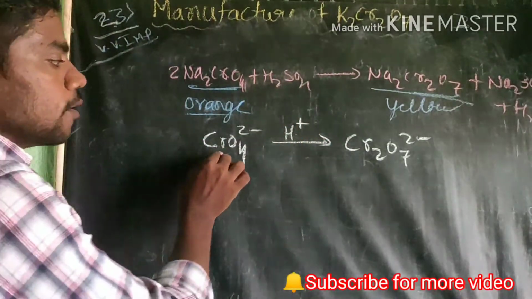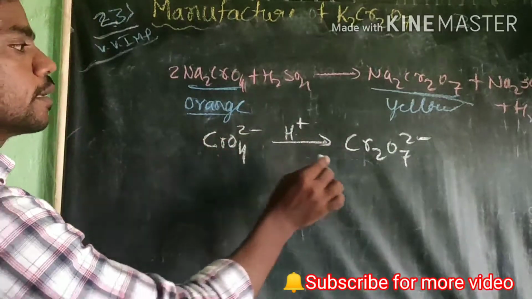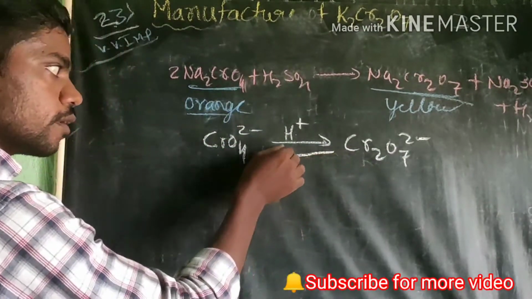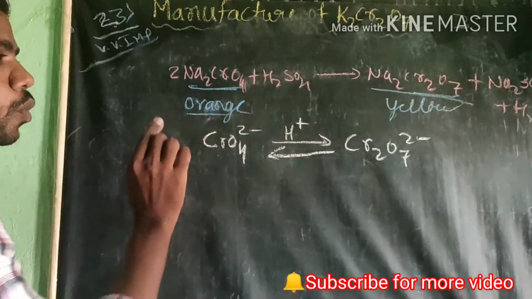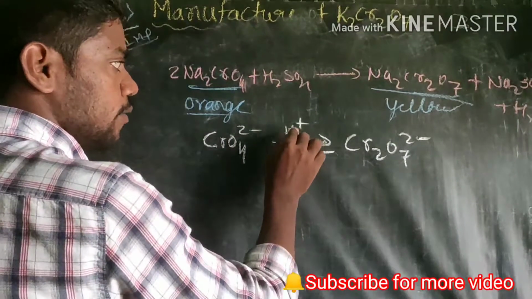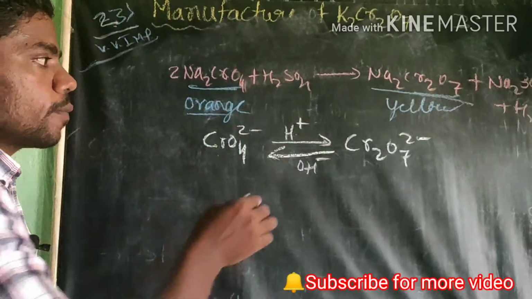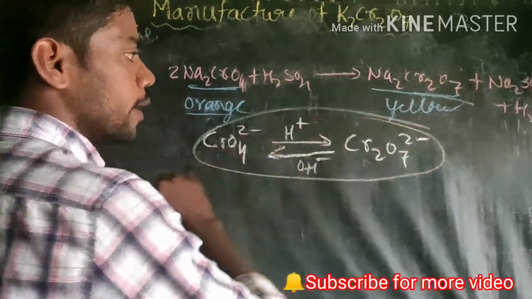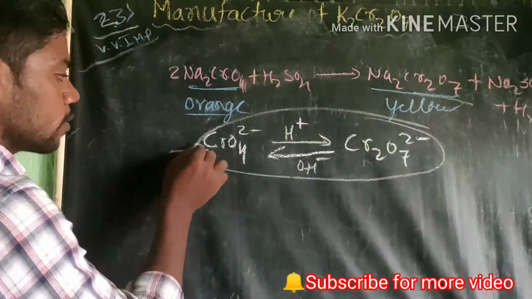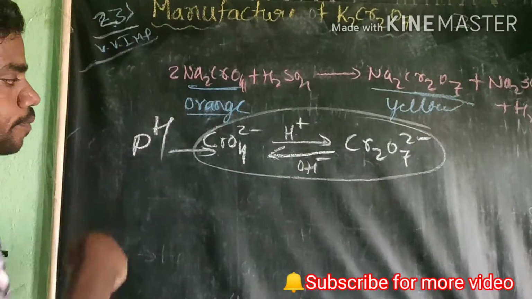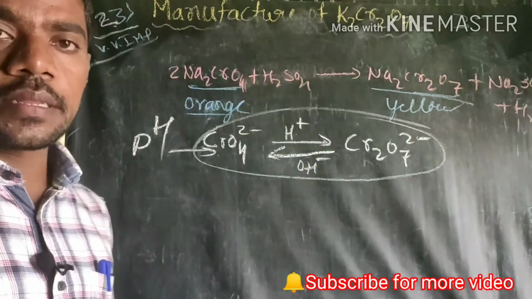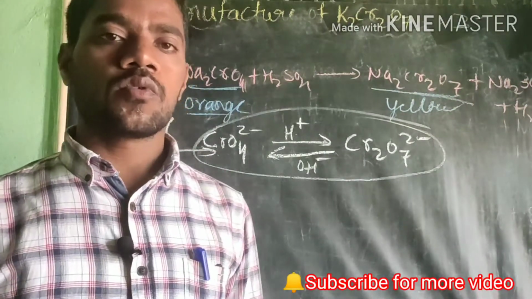Therefore, the conversion of chromate to dichromate, and again the reverse, dichromate to chromate, depends upon H plus and OH minus. Therefore, the conversion of chromate to dichromate depends upon the pH of a solution.